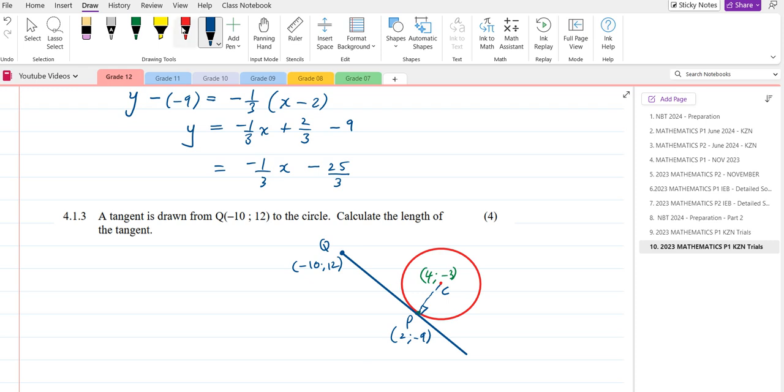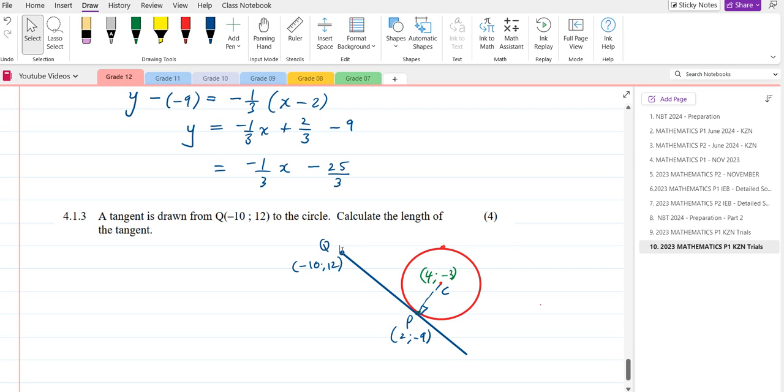Are they talking about this tangent here, like drawing another tangent there? But they didn't say that's the second tangent. They just said that it was drawn from negative 10 and 12. Okay, I don't think they're looking at this tangent. No, let's take this out. It is that tangent that they're talking about.